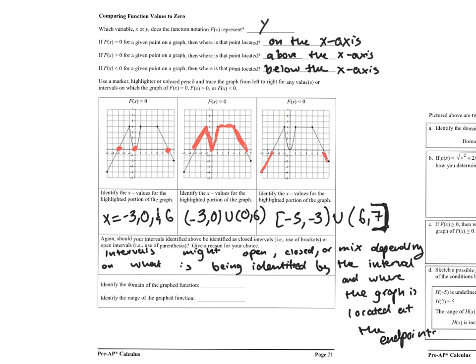Now, that is why when f of x is less than 0, we have brackets, because at -5 our graph starts and at 7 our graph ends, okay? That's why we have brackets. Now, to identify the domain and range, the domain is [-5, 7], and our range is [-4, 4], okay?